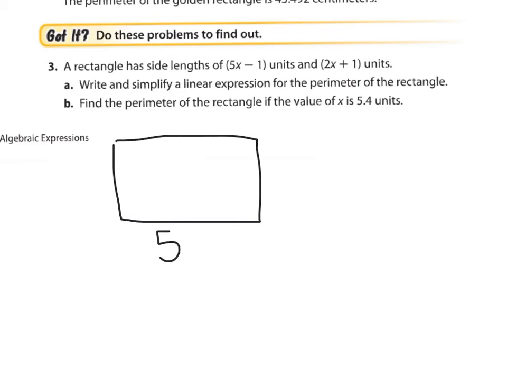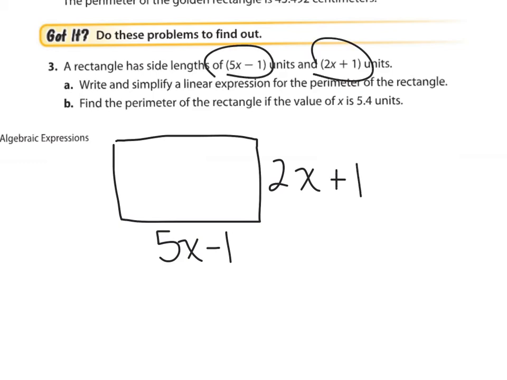And we have 5x minus 1 here, and I have 2x plus 1 here, right? Those are my sides. And I know that this side is going to match this side, and this side will match this side. So I essentially have two of these, and I have two of these, correct?